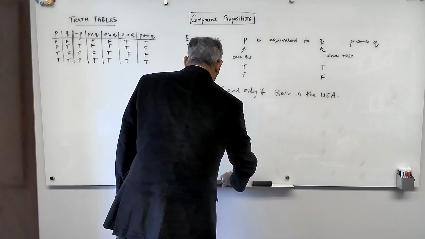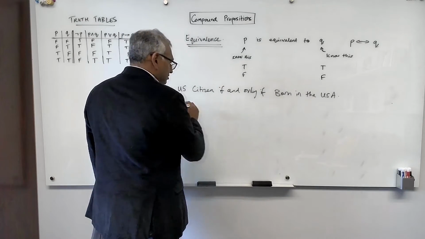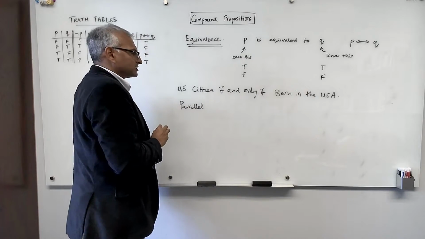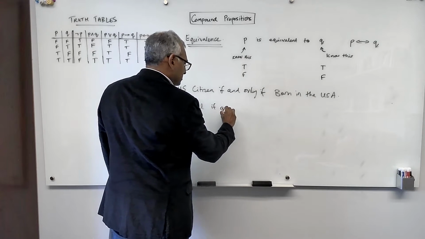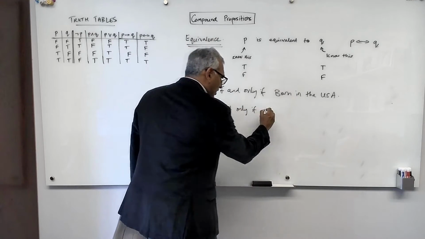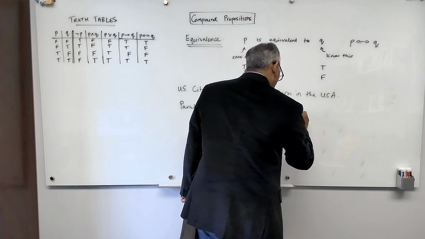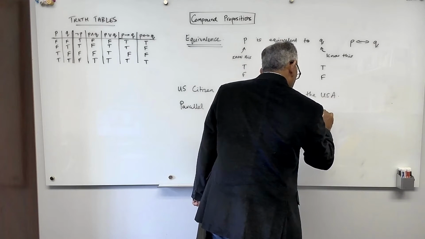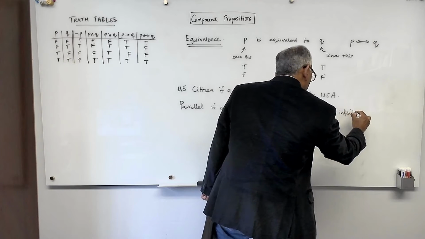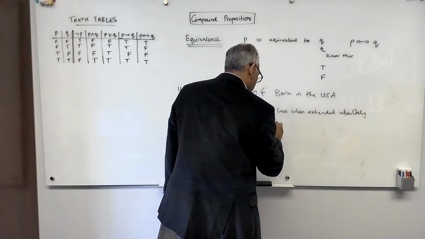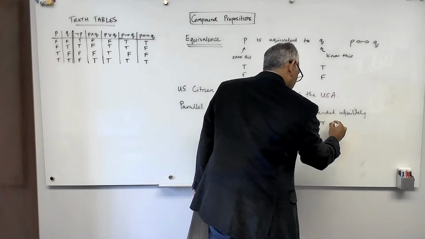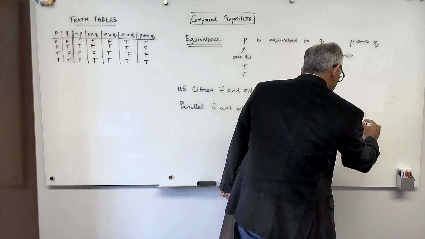So let me show you a definition that is more useful. Parallel. So two lines are parallel if and only if, okay, the lines when extended infinitely in both directions do not cross.